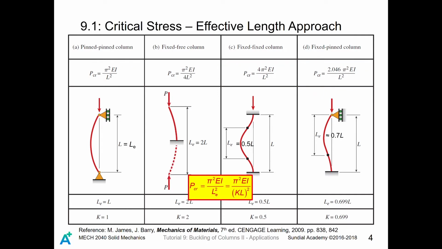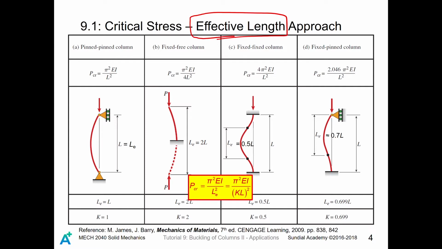So next, let me introduce a slightly different view on how to read the critical load equations. In the previous tutorial, we derived the critical load equations directly by using the differential equations, but here I'm going to introduce a new concept called effective length.